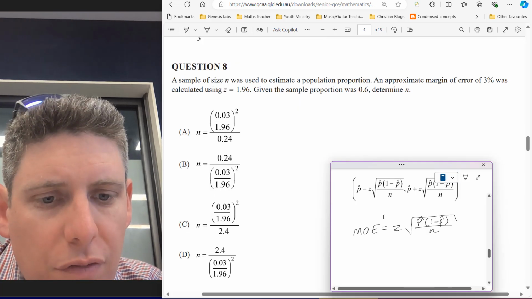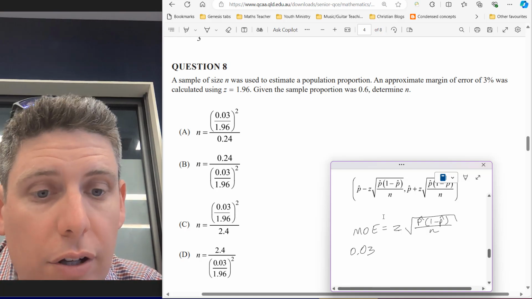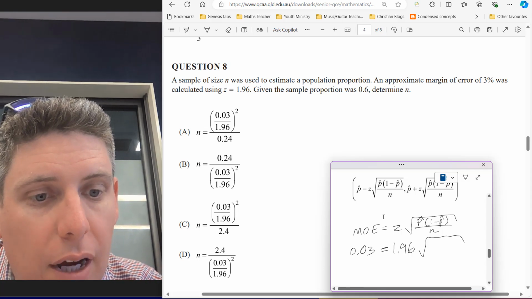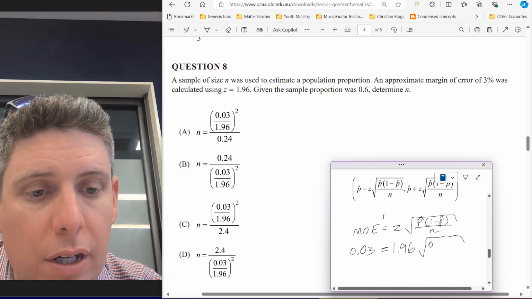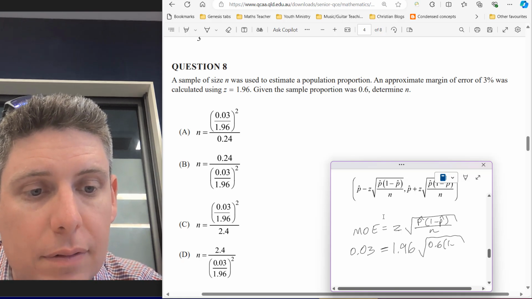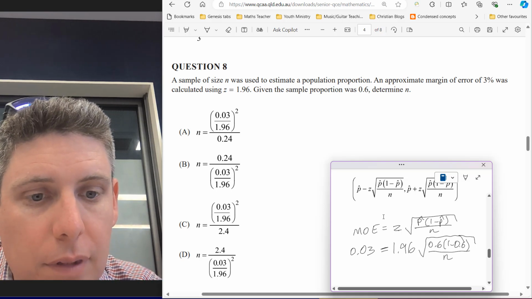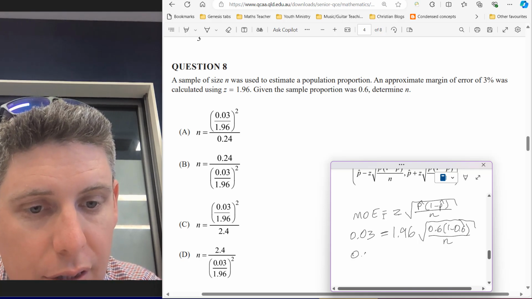So let's substitute the values in. So the margin of error is 0.03. Our z-score is 1.96. And then we've got our p hat. If you didn't know, sample proportion is p hat. And that's divided by n. We don't know what n is. So we rearrange this.